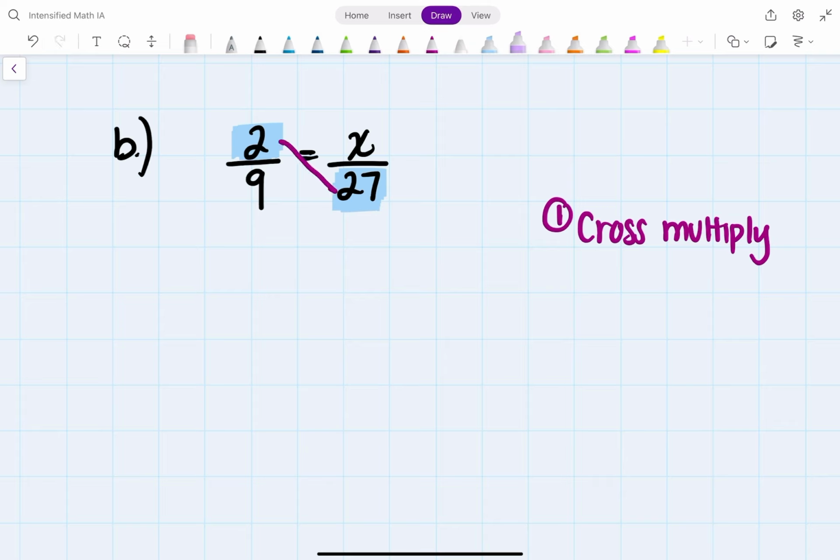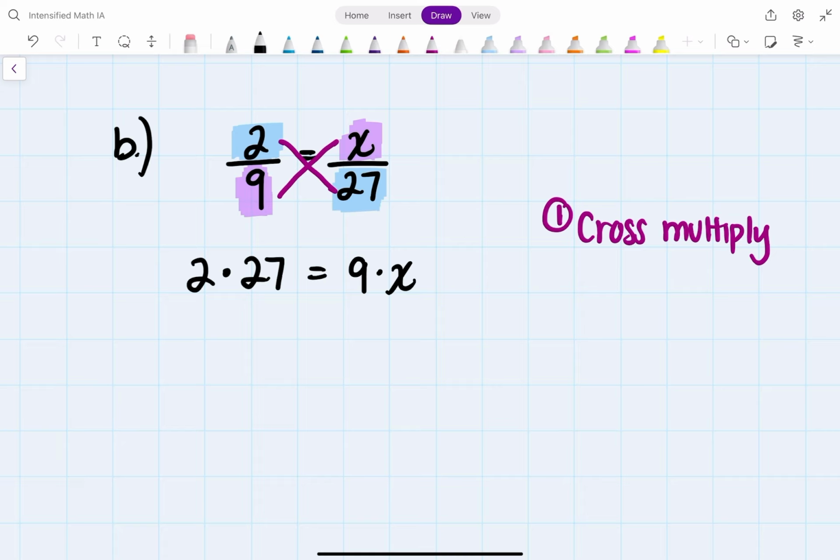Same idea with the denominator of the first fraction by the numerator of the second fraction. So let's start with 2 times 27, because that's going to multiply. And then I'm also going to multiply 9 times x.